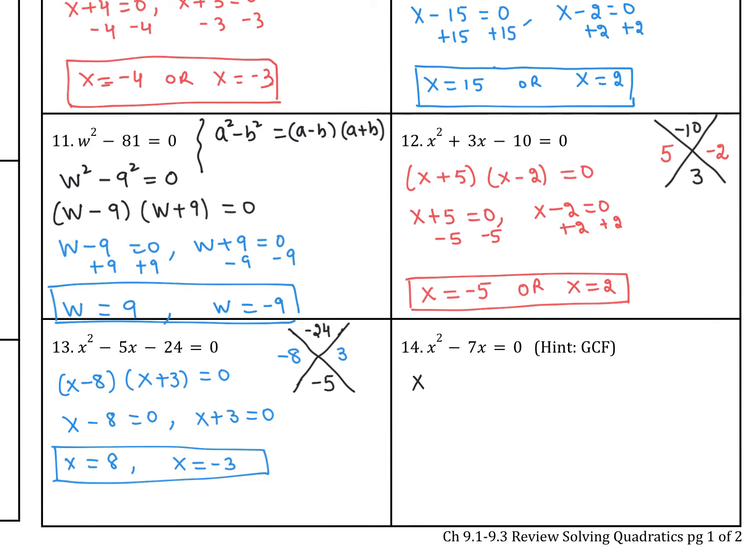So you factor the GCF out, and inside you are left with x minus 7. You can tell that when you use the opposite of distribution, x times x is x squared, x times 7 is 7x. So the factors for this one are x times x minus 7. Now you're going to apply the zero product property, which means you put them equal to 0 one by one. So you have the answers x equals 0 and x equals 7.